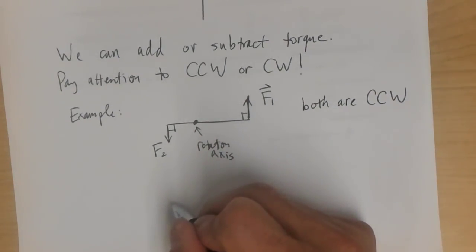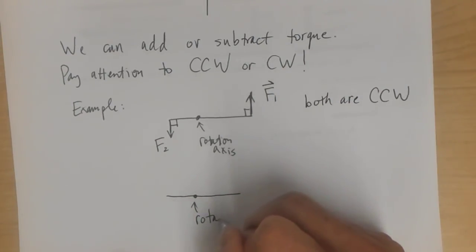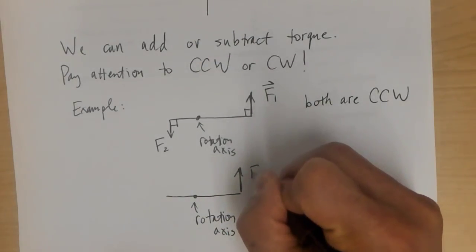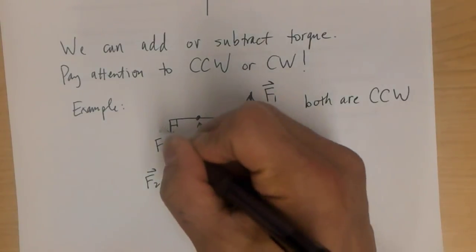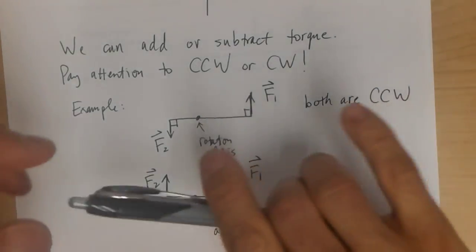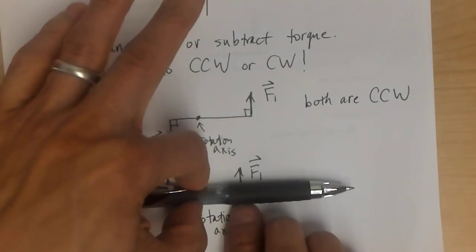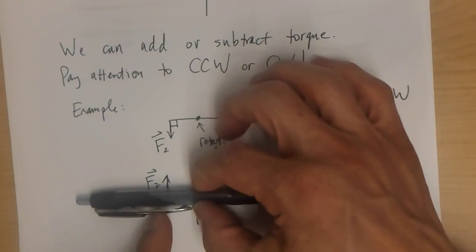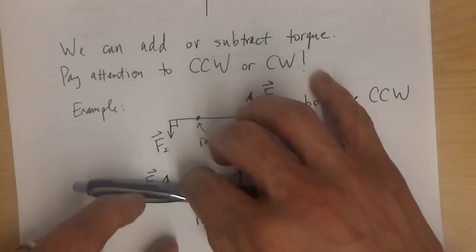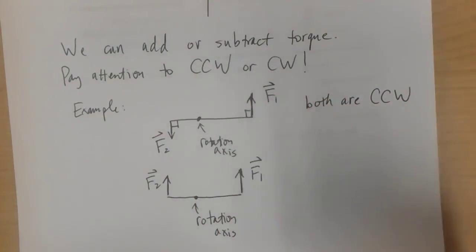If I have a situation where this is a rotation axis, this guy is F1, this guy is F2. Okay, these actually have opposite effects on the torques; they go in opposite directions. This tries to go counterclockwise, whereas this one tries to go clockwise. So one goes this way, one goes that way. Counterclockwise versus clockwise.